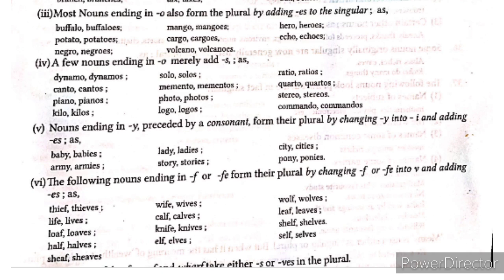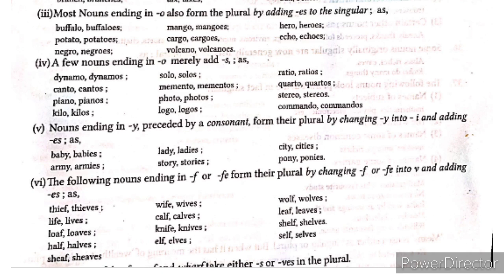Now, nouns ending in y. The nouns which are ending with y and preceded by a consonant. It means the last letter of that noun is y and it is preceded, meaning the letter before y is a consonant.